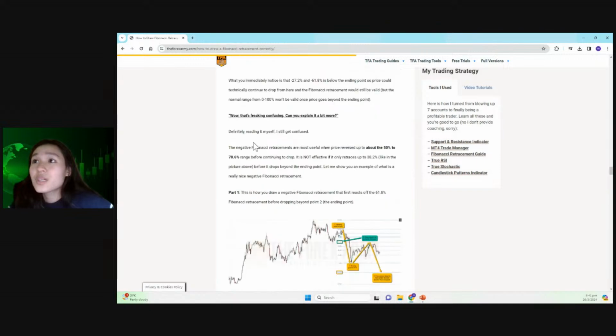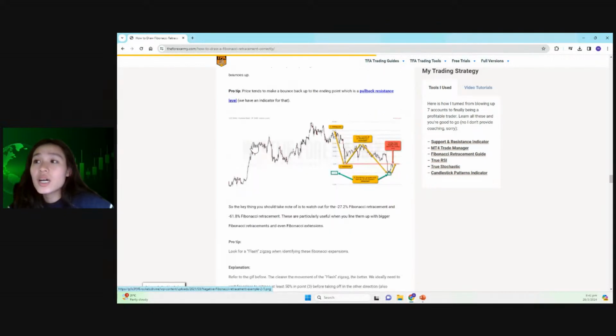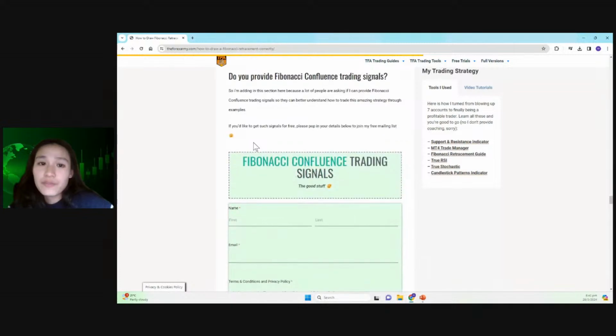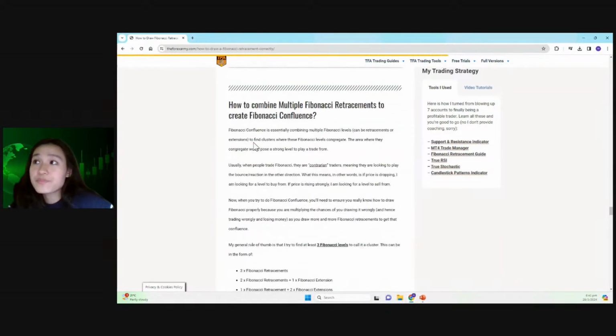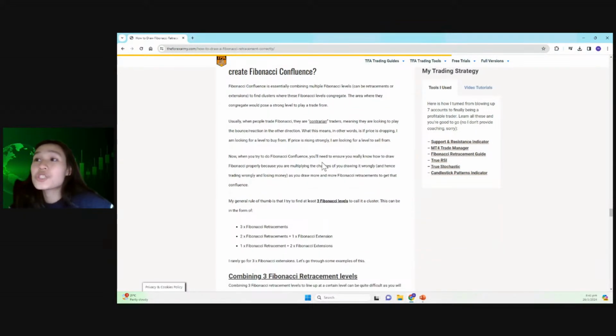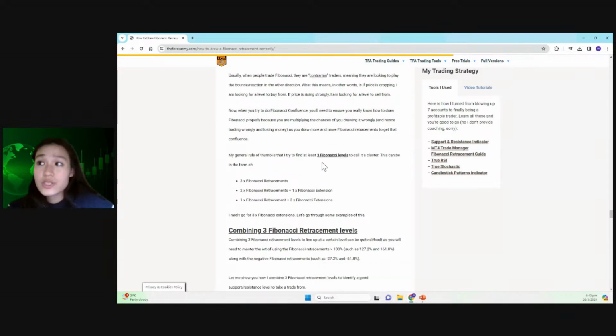Then we also have the extension, as well as projection, which uses three different points. We also go through how to combine Fibonacci levels to create Fibonacci confluence, which is important because there is a high chance that price will tend to be attracted to these Fibonacci confluence areas.